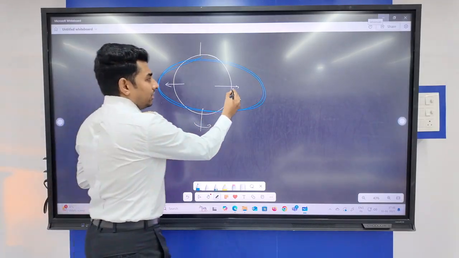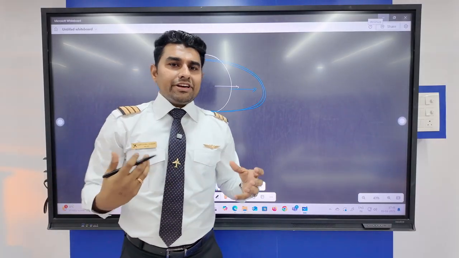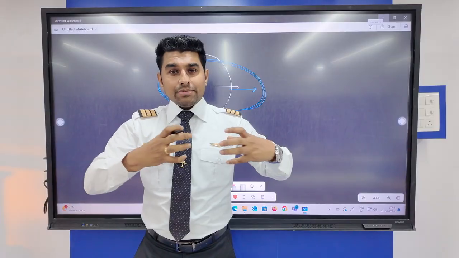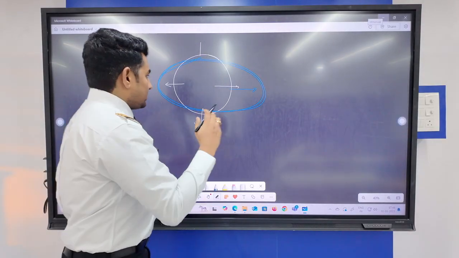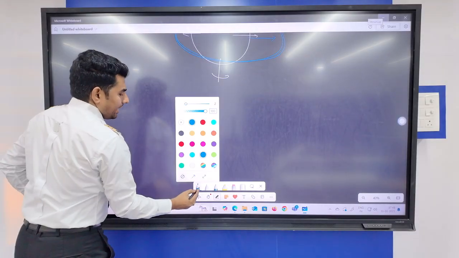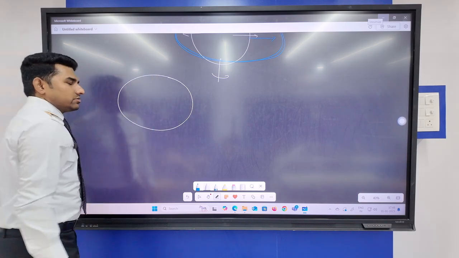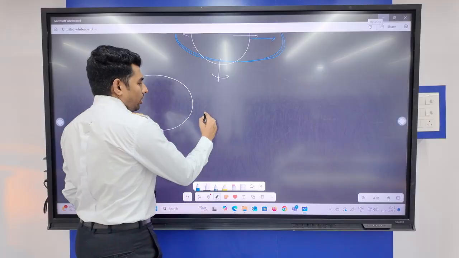The reason is simple: because Earth has a mass and it is rotating at a very high speed, a centrifugal force tries to pull it outwards. That centrifugal force creates a shape that we call an oval in plain language, but this oval shape is called an oblate spheroid.